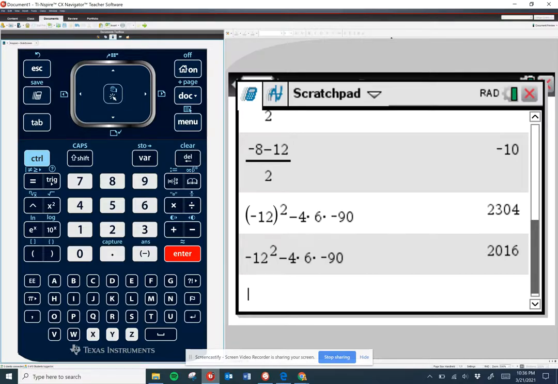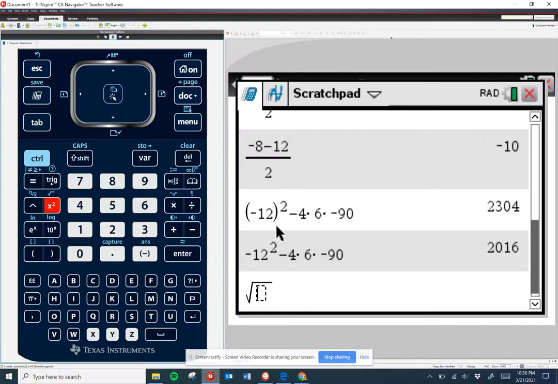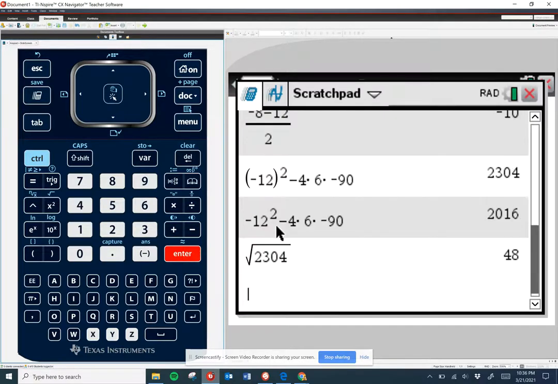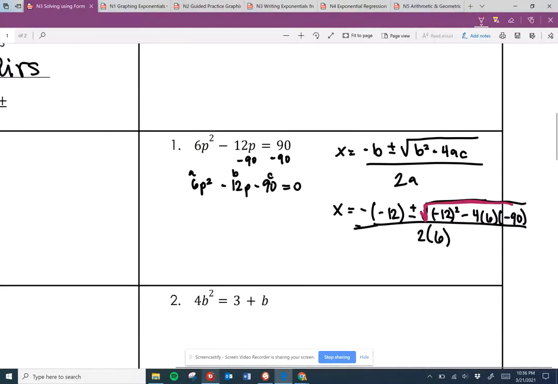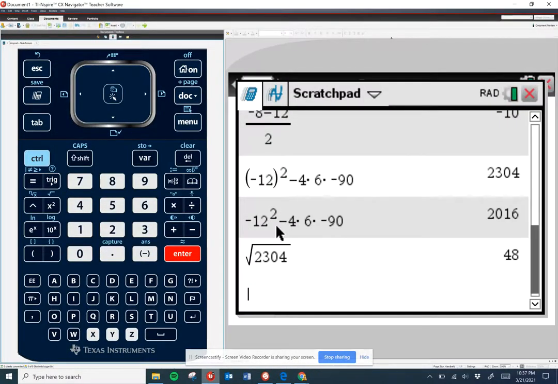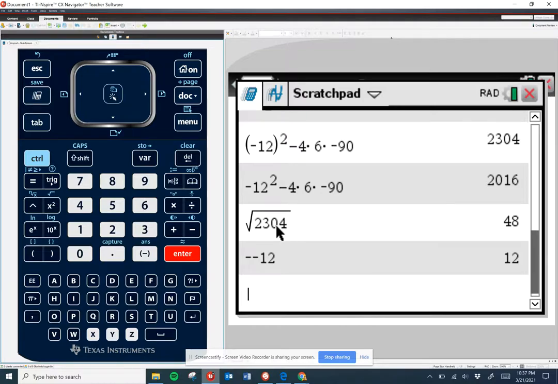Okay. So we're going to take the square root and use that 2,304 because that's the correct answer. It gives you 48. So remember, we have two potential answers here. Negative 12, you can even type that into your calculator. Negative parentheses negative 12 is going to give you a positive 12.